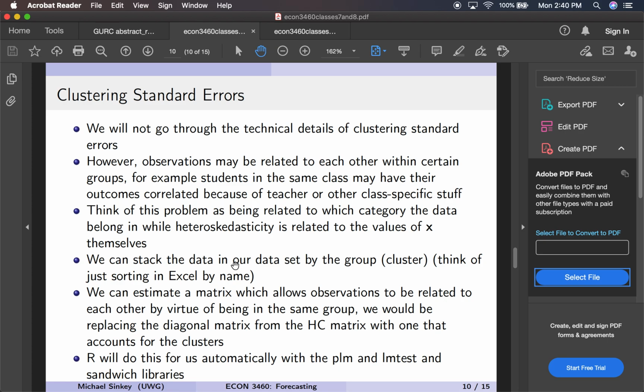So think of that category as being a potential x variable in and of itself, but also think of the dispersion associated with that category as being related to other observations in that category.